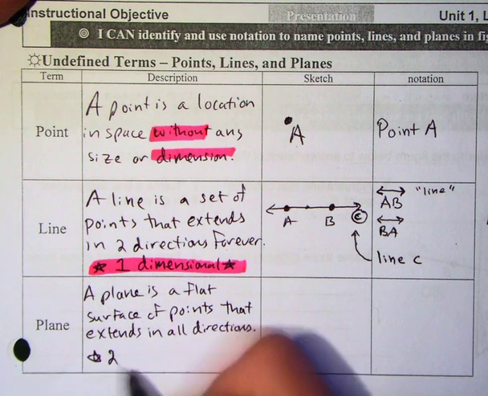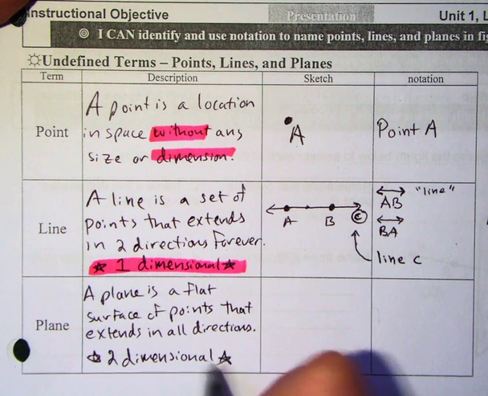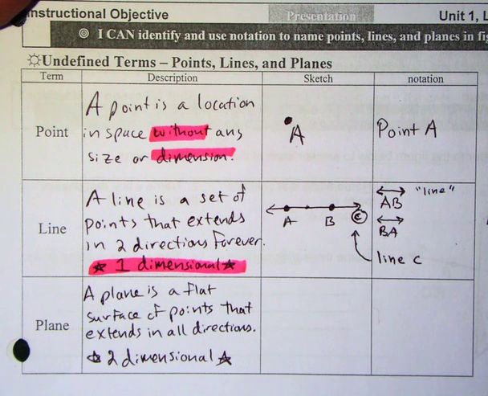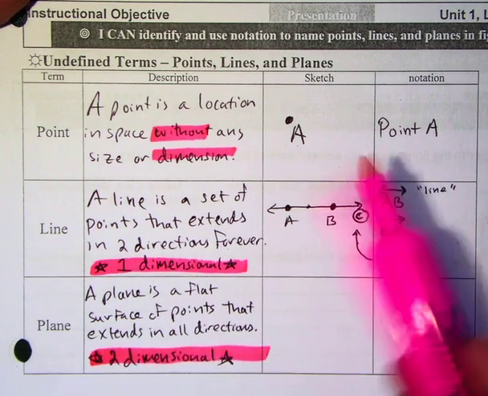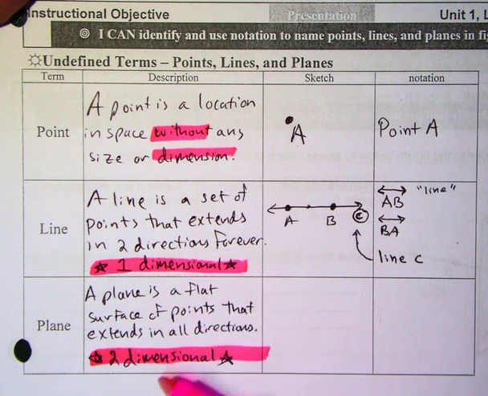Notice this is 2-dimensional. The reason is because the plane has length and width. So a point has no dimensions, a line has 1 dimension, and a plane has 2 dimensions.